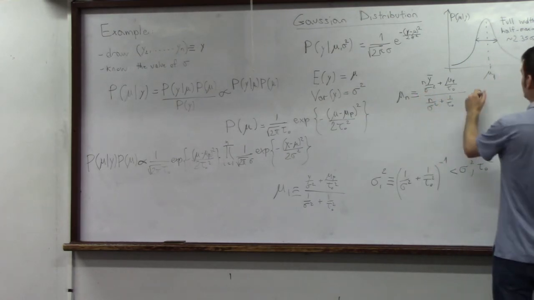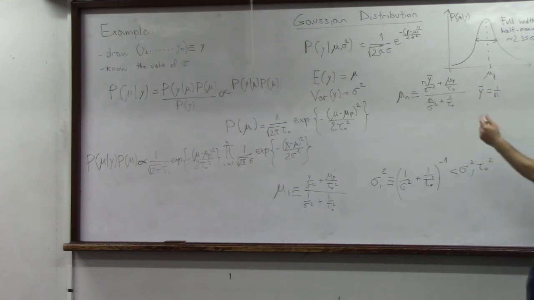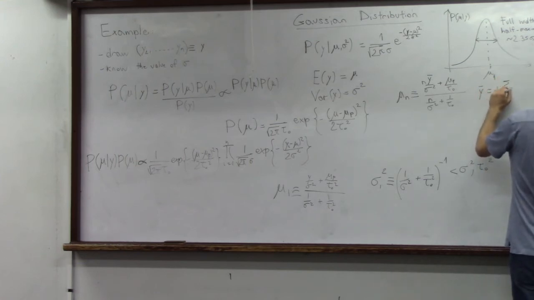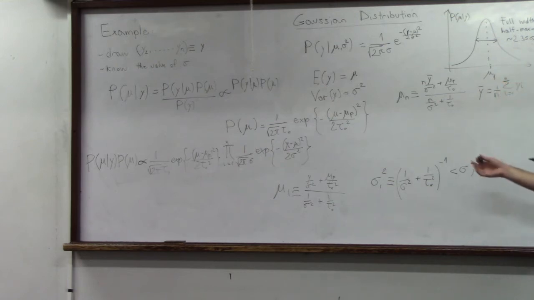The y bar is the mean value of y. It's the average on the data points.